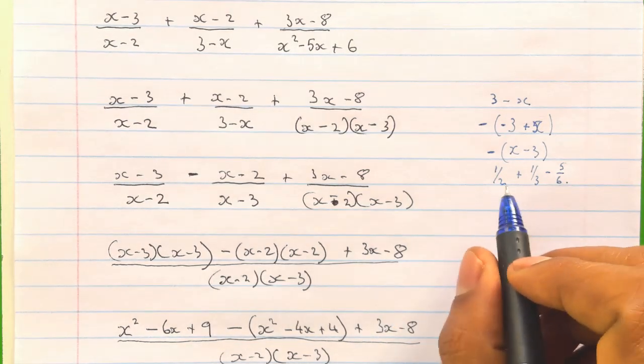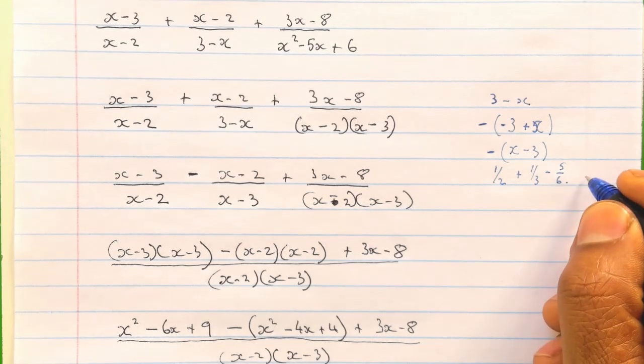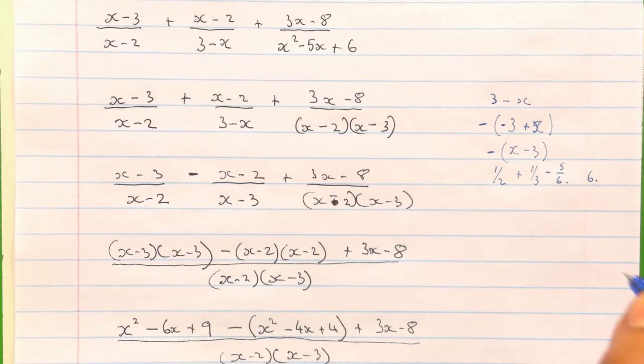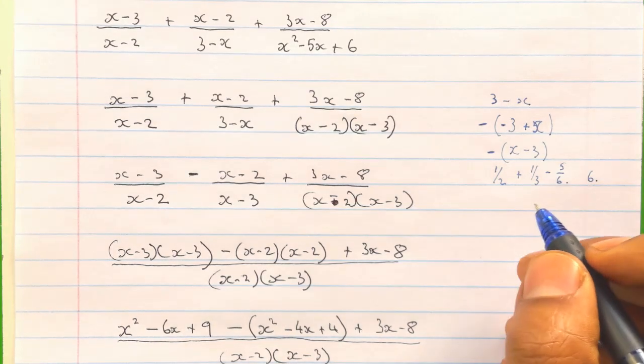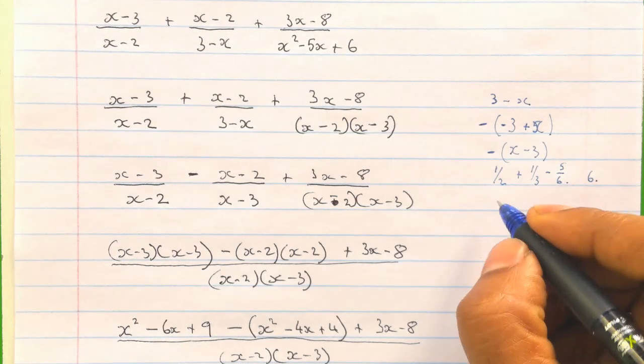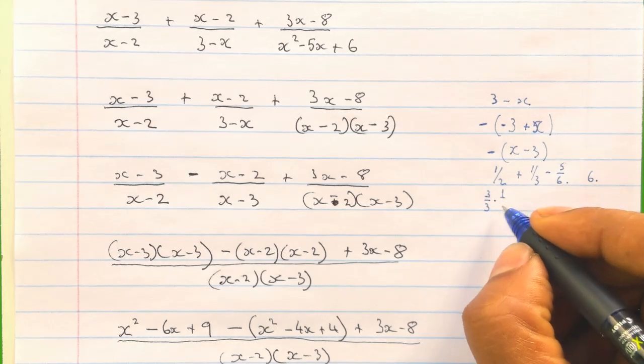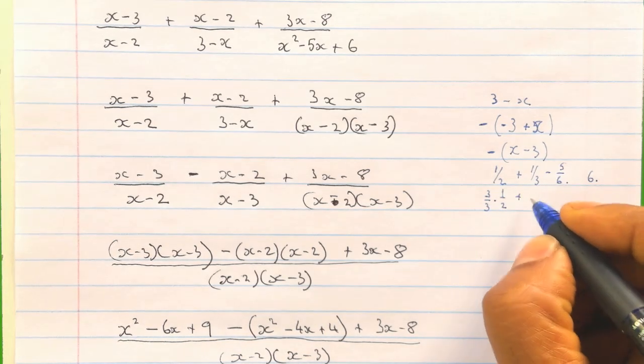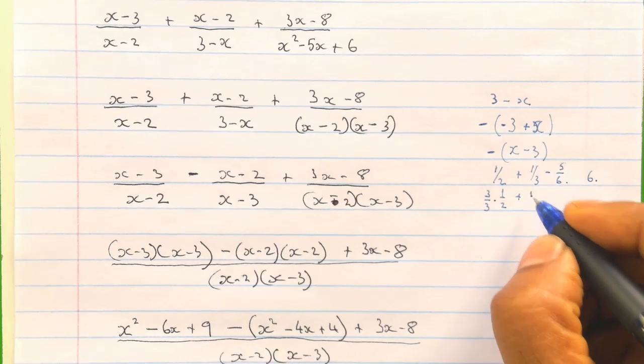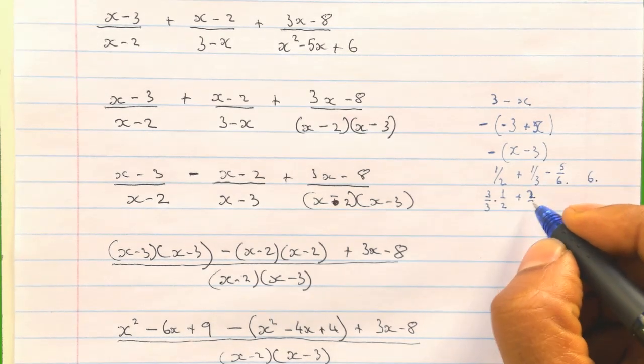What will be my LCD there? My LCD will be 6, isn't it? And as you know, in fractions, what must we do? We must change each of these numbers into fractions that have the same base, isn't it?